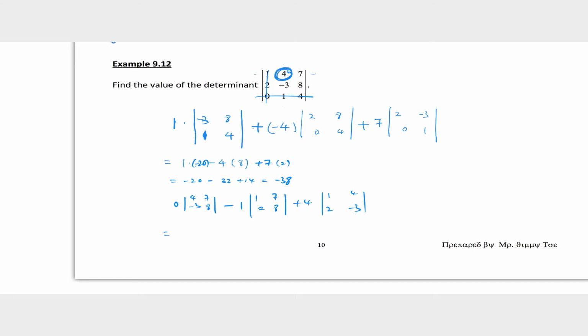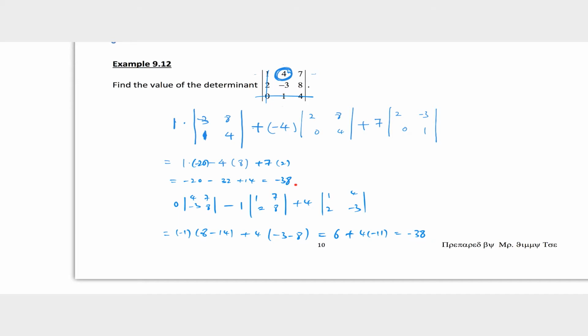So the first one is 0, you can ignore it, and then this is -8 minus 14, times -1, and then plus 4 times -3 minus 8. So you can see the answer is equal to -38.